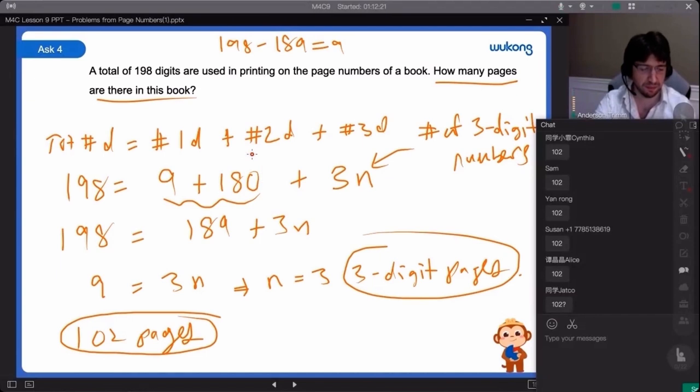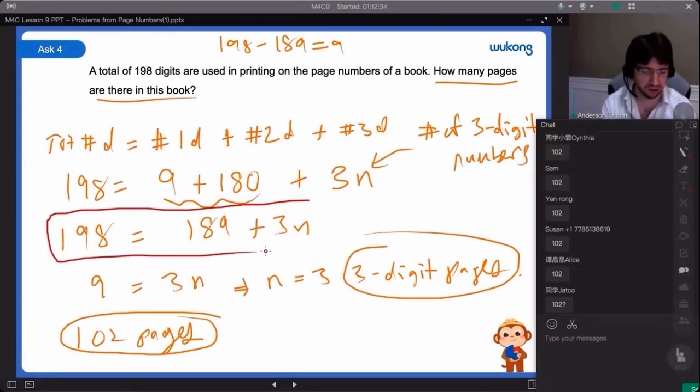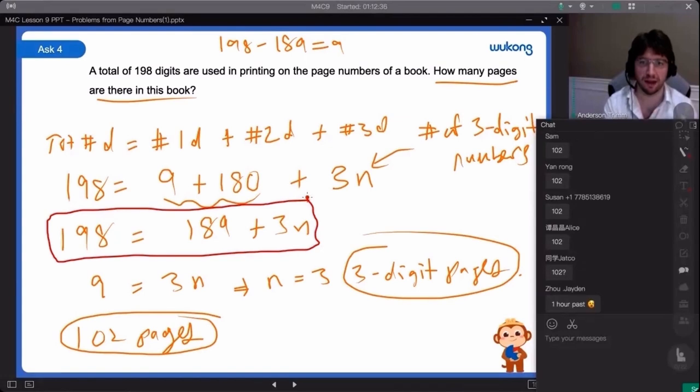Then depending on how many three-digit pages we have, we get some more digits. Each one has 3 digits, so 3 times n. This equation we need to solve, and we can do it by working backwards, just like before. We find that there are 3 three-digit pages. The smallest three-digit page is 100, then 101, then 102. That's it. So 102 pages.